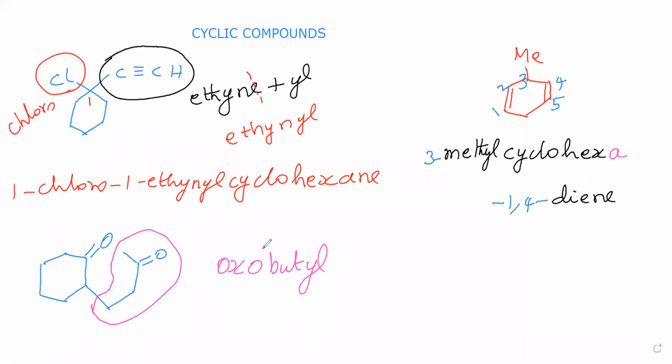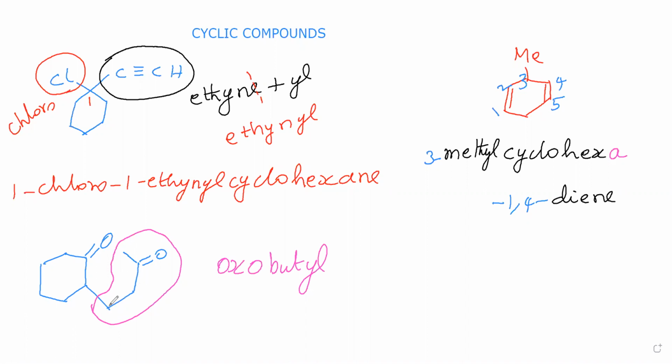In this branch, this ketone position we have to say, for which we have to give numbering. At which place we have to start: the carbon which is directly attached to the parent, that you start as number 1.